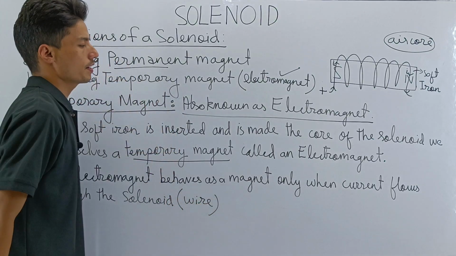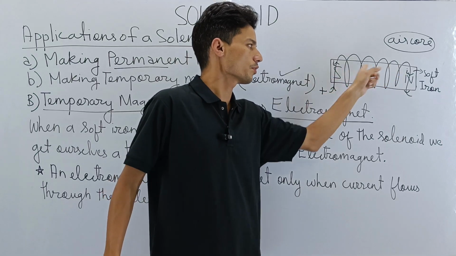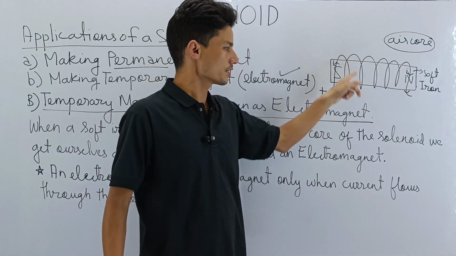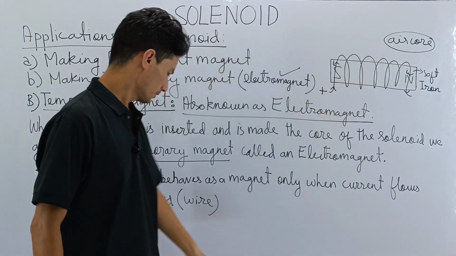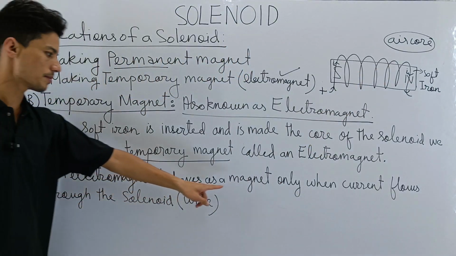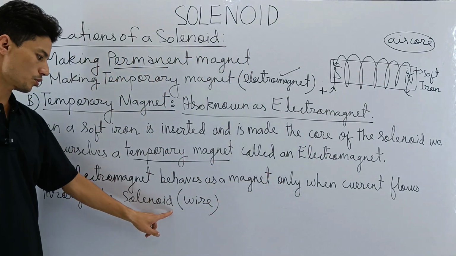Only when current flows through the wire, which is the solenoid. The wire is made in the form of a loop or curl, so it is a solenoid. So an electromagnet behaves as a magnet only when current flows through the solenoid.